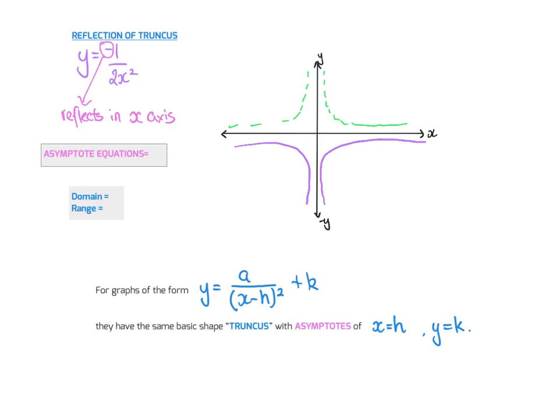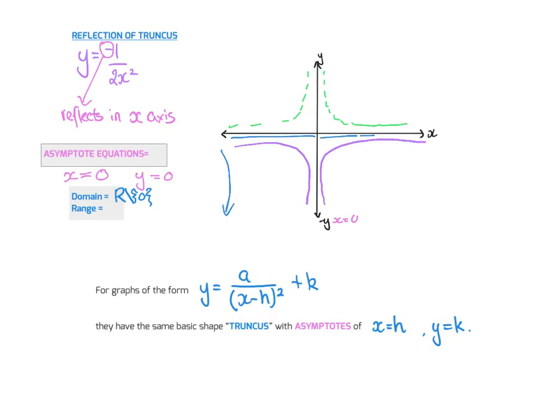Okay, if we have a look, our asymptotes for this one are still x equals 0 and y equals 0. So the equations of the asymptotes are still the same, and the domain is every number except for 0, so the real field excluding 0. But careful, the range is now all the negative y values.